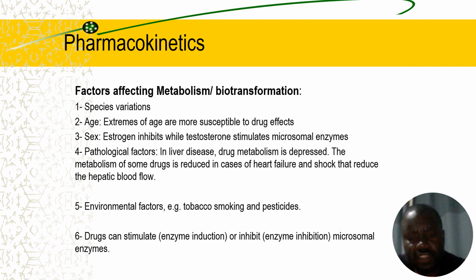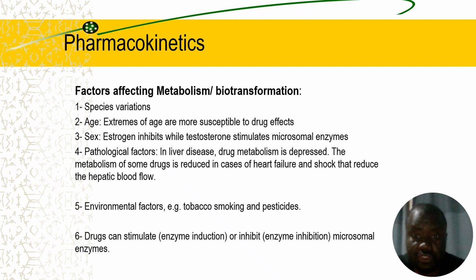Also, at the other extreme of age, like the old, those above 60, and also the malnourished, the capacity to metabolize goes down because the liver has become compromised, and so age in that sense tends to affect drug metabolism. Sex, the gender: in females we have a lot of estrogen compared to males.